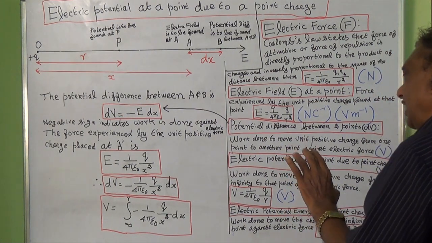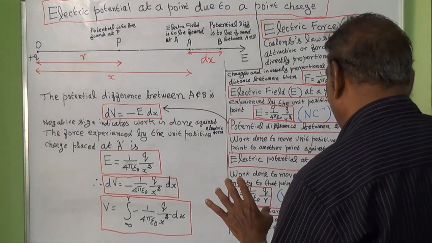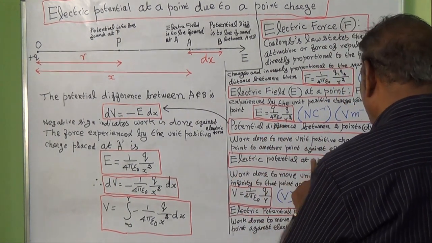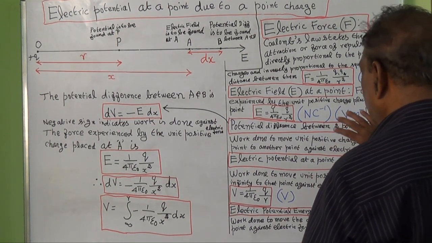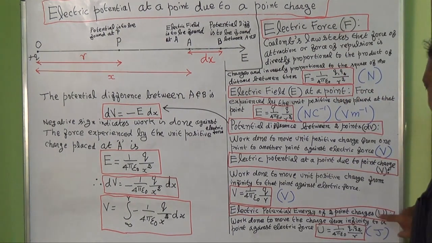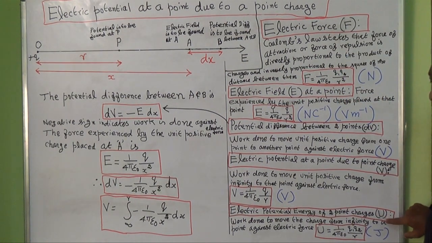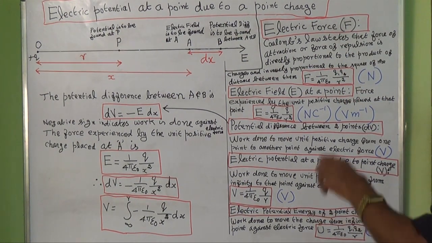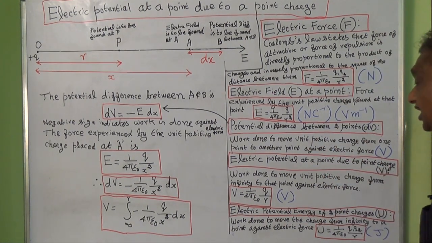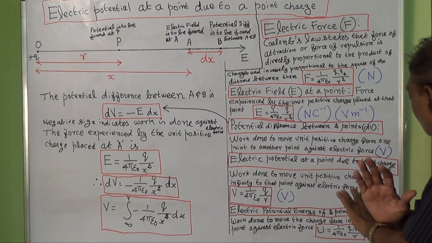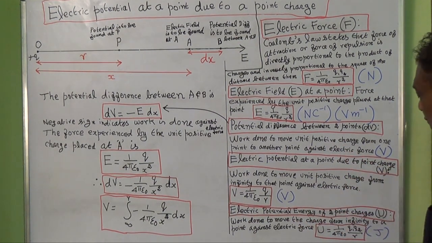Then coming to the last definition, electric potential energy of 2 point charges. The electric potential energy of 2 point charges is denoted by the letter capital U. Here also work is done, here also we have to move the charge. But in this case, we are not moving the unit positive charge.